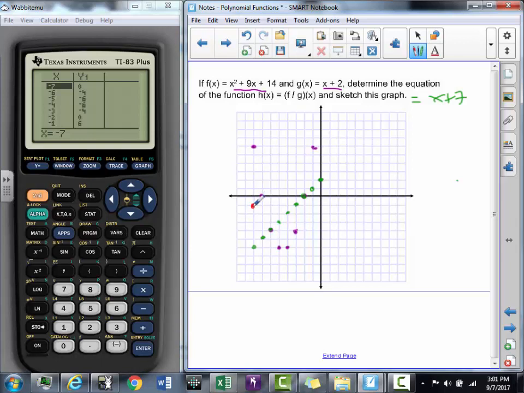So red is my quotient. Right, then I've got to go 0 divided by negative 5. 0 divided by negative 5? 0. Now they're both on top of each other. Negative 4 divided by negative 4. This is looking good, right? They're all in a row.